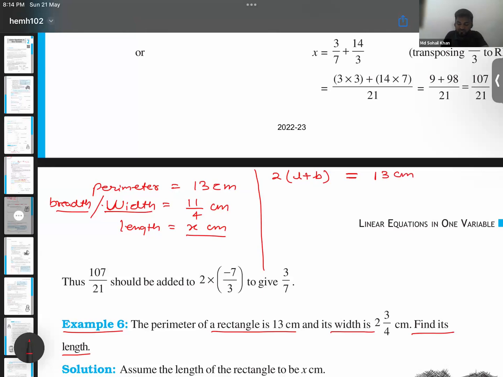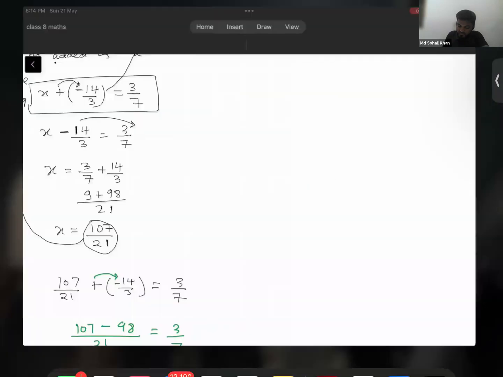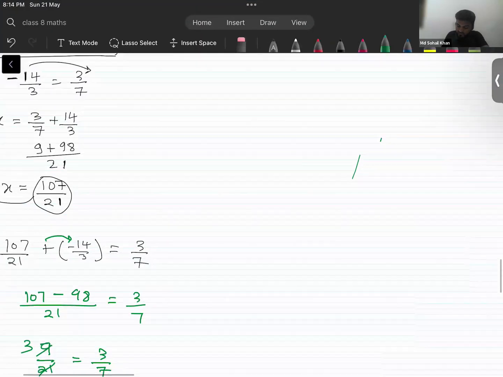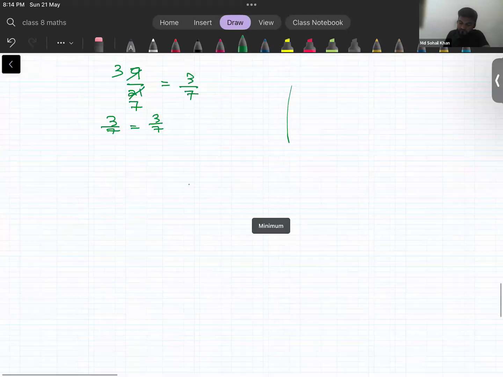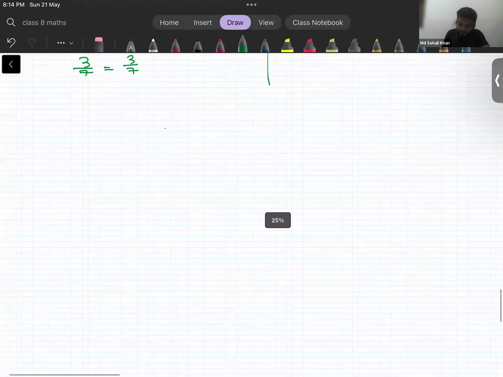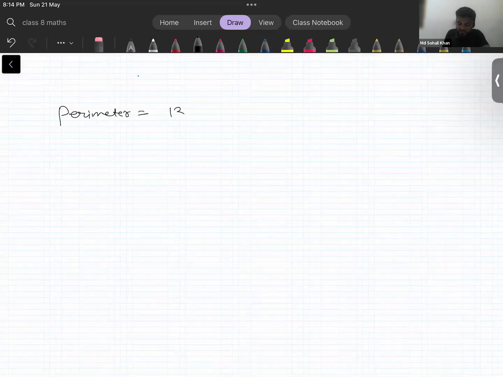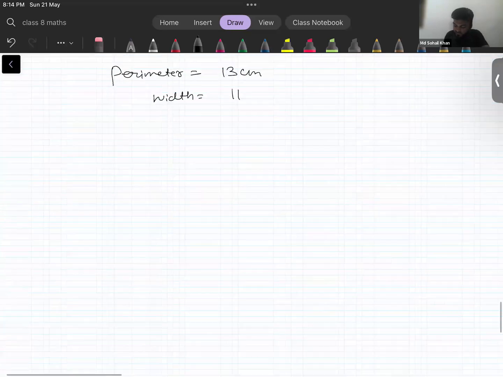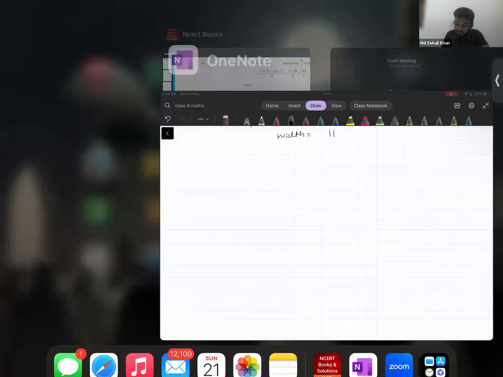Yes, sir. Okay. See what the question here basically says. Perimeter you are provided with how much? It is 13 centimeter. Width is given how much? 11 upon how much it was? 11 upon 4 centimeter, right, Ahmed?